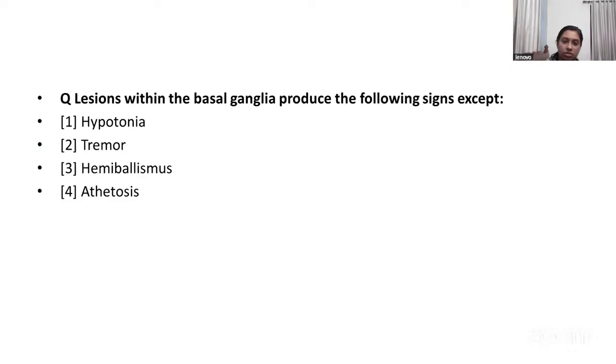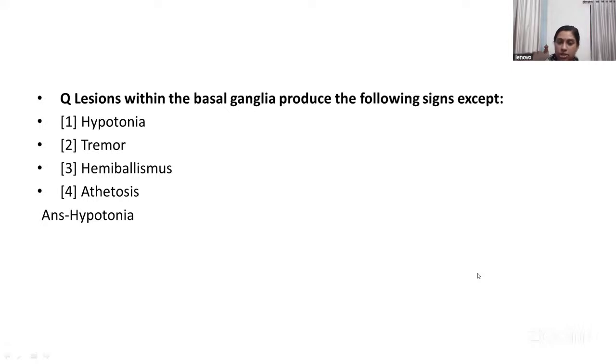This question, simple question. Lesions within the basal ganglia produce the following signs except. The options are hypotonia, tremor, hemiballismus, athetosis. The answer is hypotonia. So, tremors are seen in basal ganglia lesions like in Parkinsonism, hemiballismus, athetosis, that is classical dance-like movements.